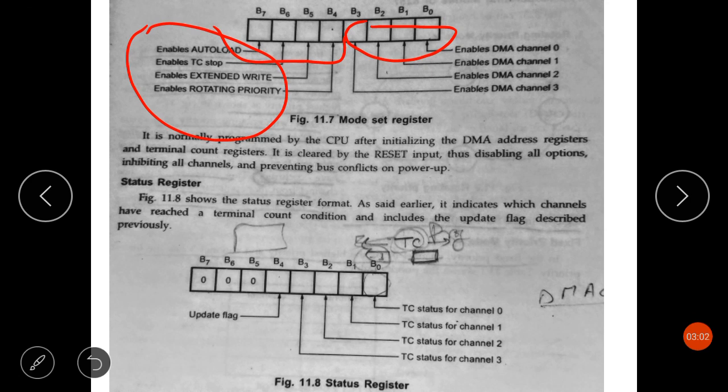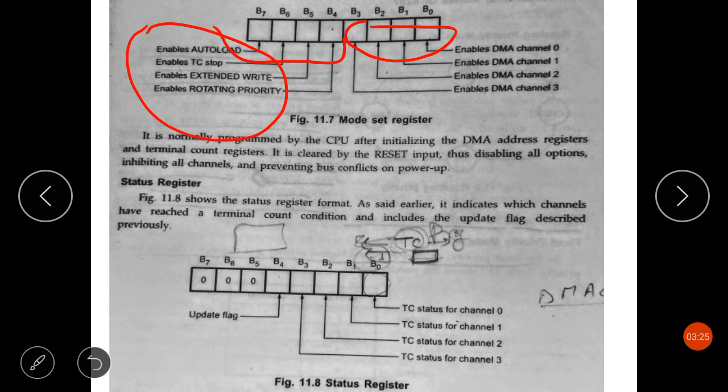Now the next register that the control logic contains is the status register. As you can see, it indicates which channels have reached a terminal count condition and includes the update flag.